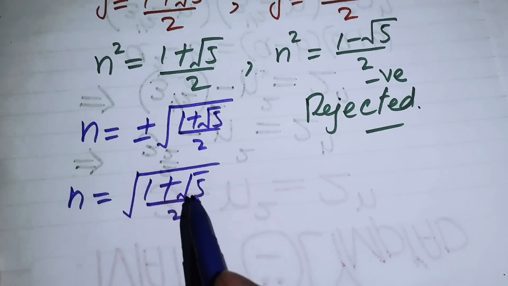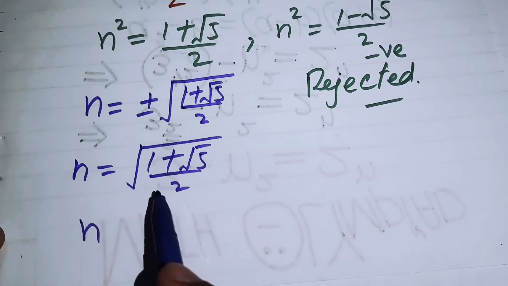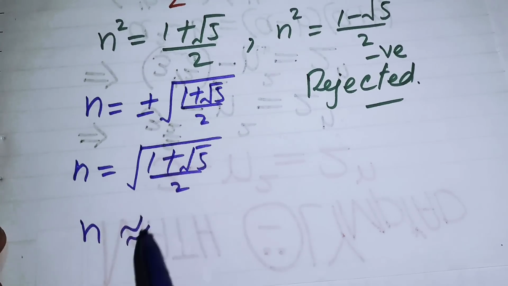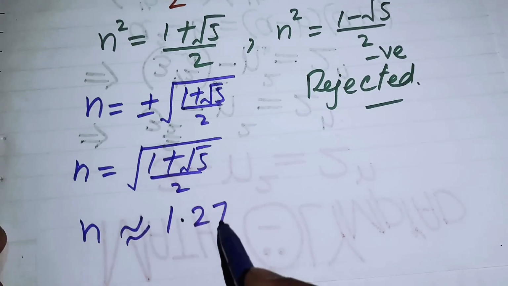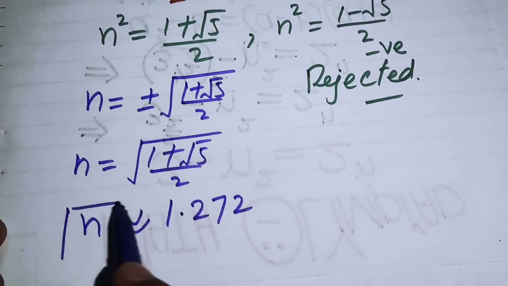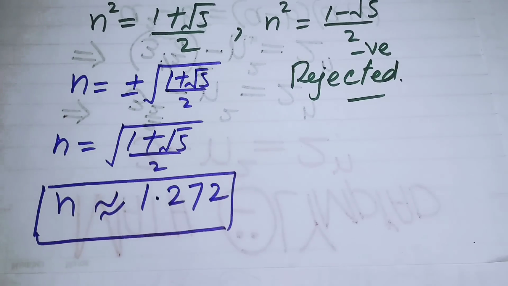So you have the square root of 1 plus square root 5 over 2. When you use the calculator, you will easily get the approximate value of this expression, which is 1.272. So this is our final answer of this problem.